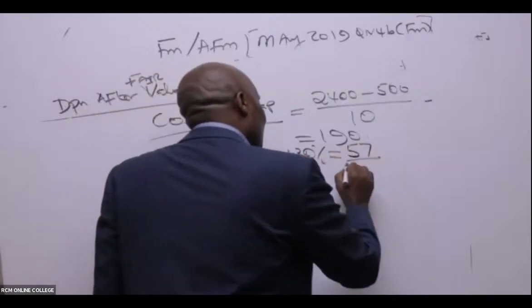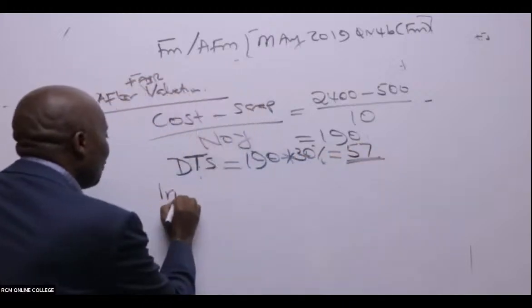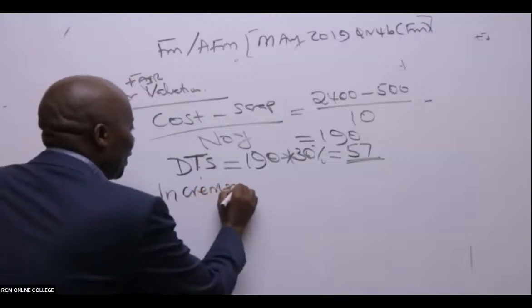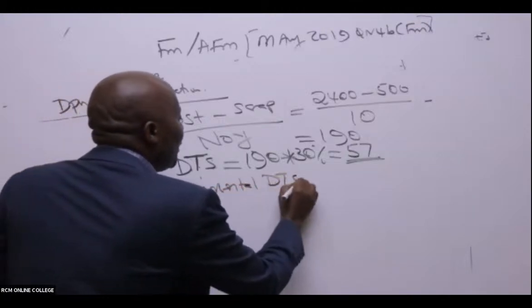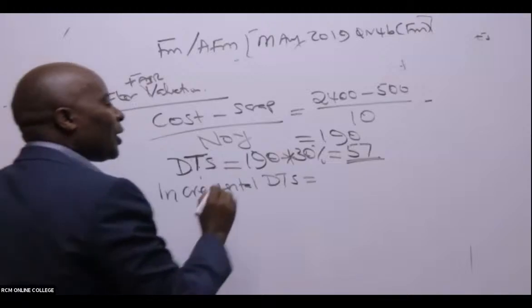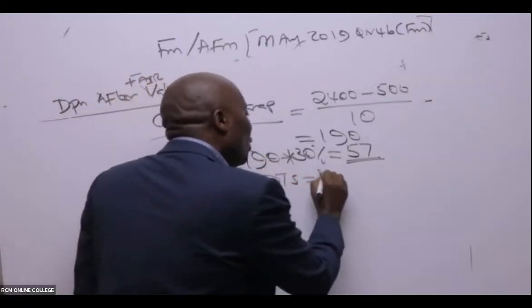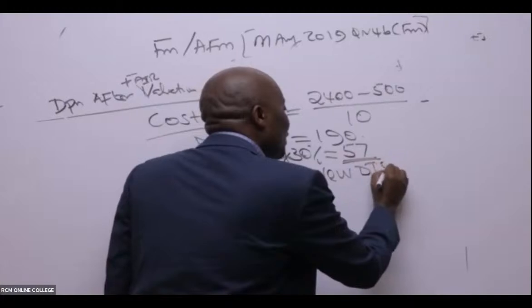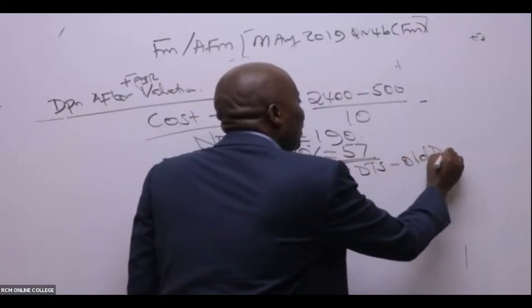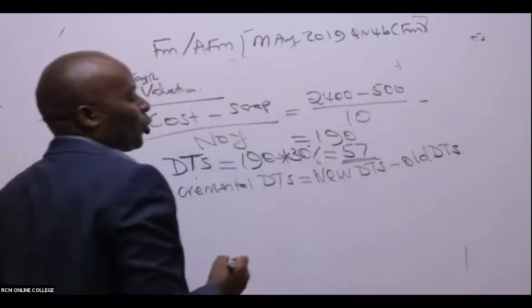This is very interesting because I'll now give the incremental depreciation tax shield because of the new machine. So the incremental depreciation tax shield will be the new machine's depreciation tax shield minus the old machine's depreciation tax shield.